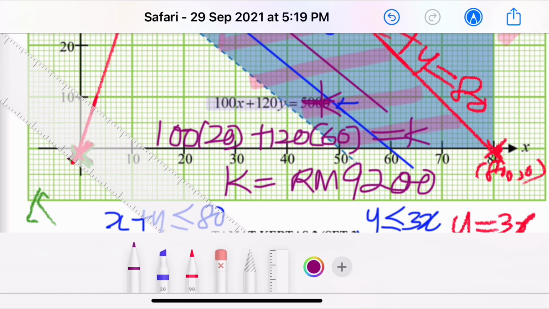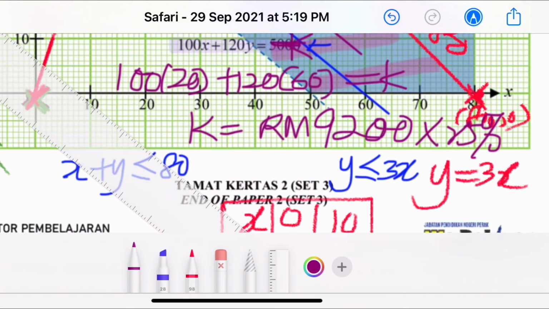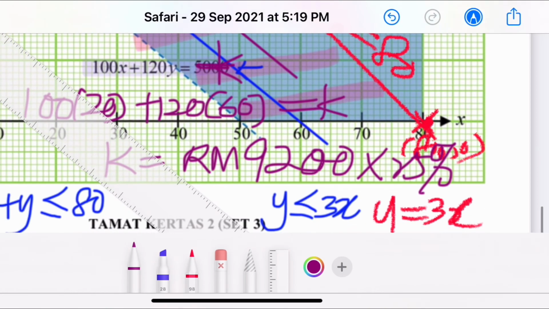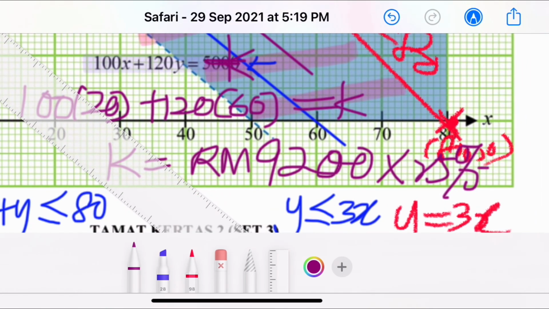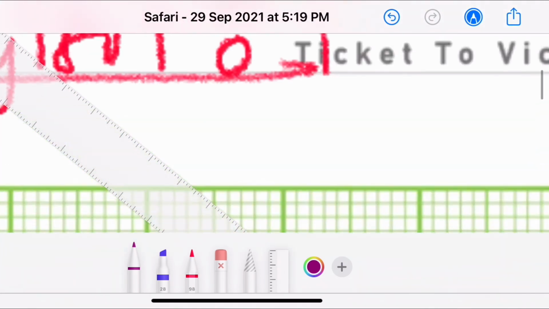You read the question, you will know it's just 25%. So 25% is the answer. So we have to take 9,200 times 25%, and you will get the answer, which is equivalent to 2,300.